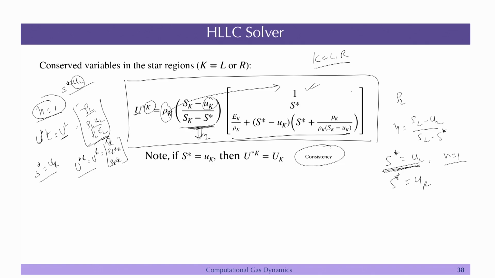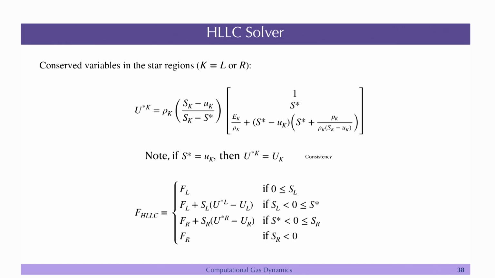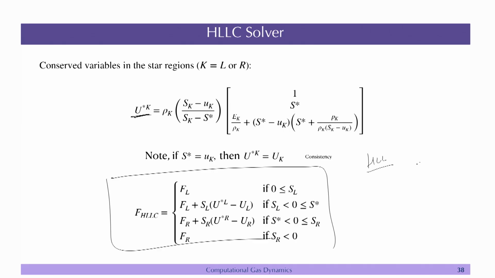So, we got all these three expressions. So, now you know the conserved variables on either side, you can write your flux scheme. So, earlier in the HLL case we had SL greater than 0, and then basically these three things that we had. Okay.